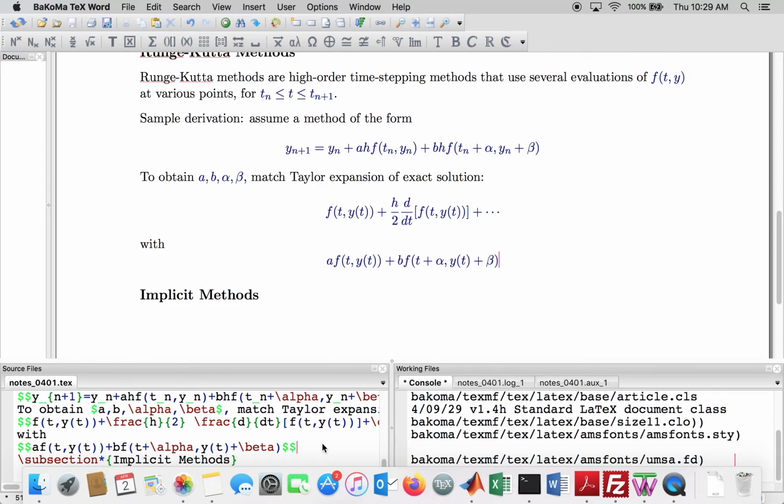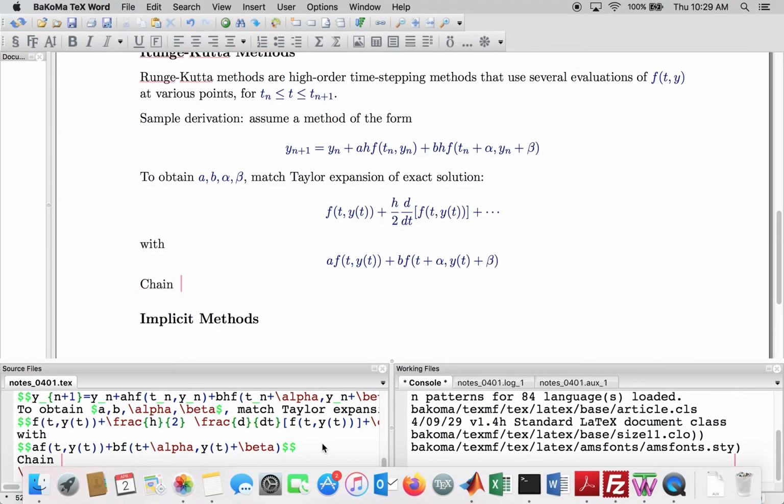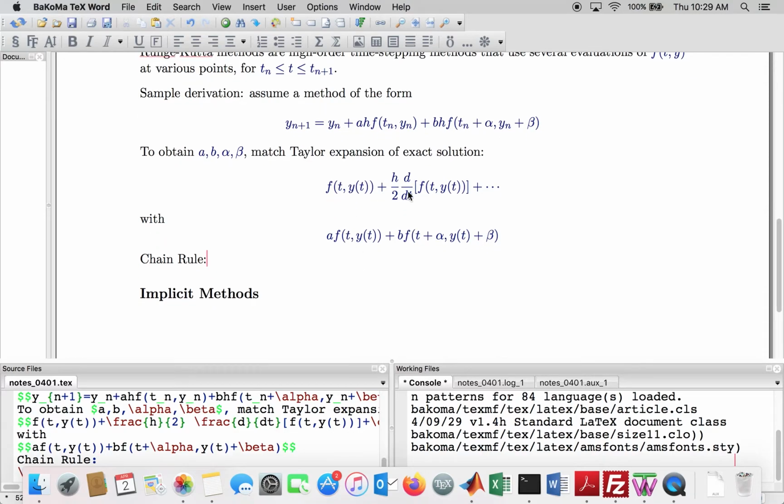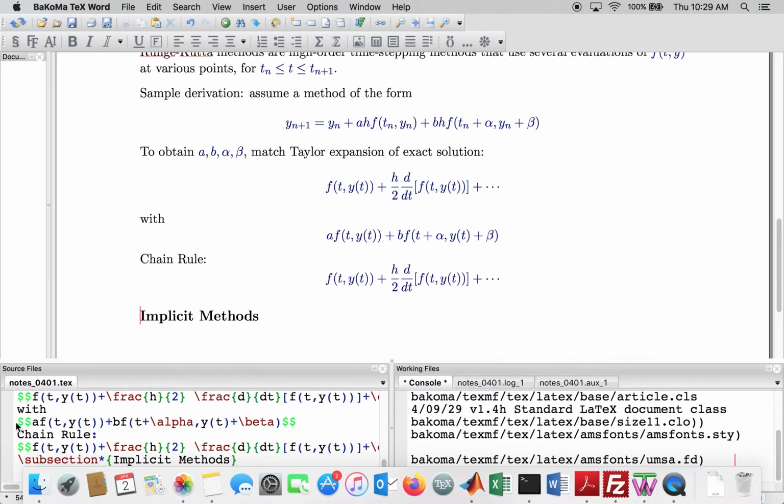So what I'm going to do is, for this part, I'm going to use the chain rule to work out this derivative.